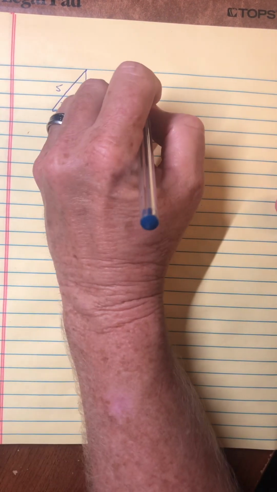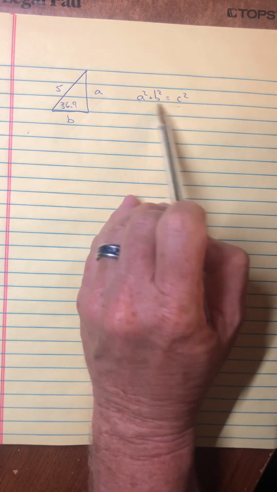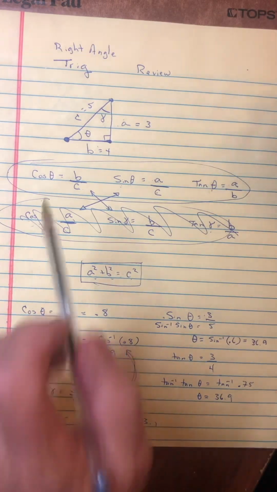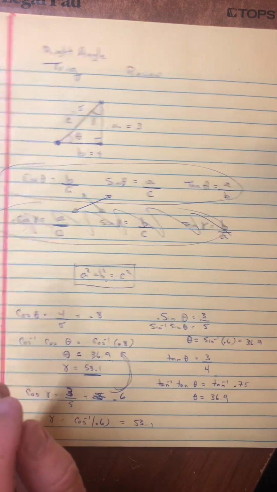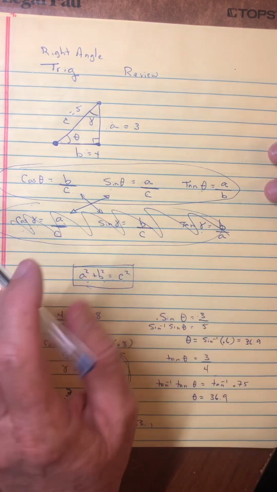So we've got 2 unknowns in our triangle, which is why by itself we can't use Pythagorean theorem. We got the 2 unknowns, but again, coming back to our trig functions, we can use this to get the other sides.